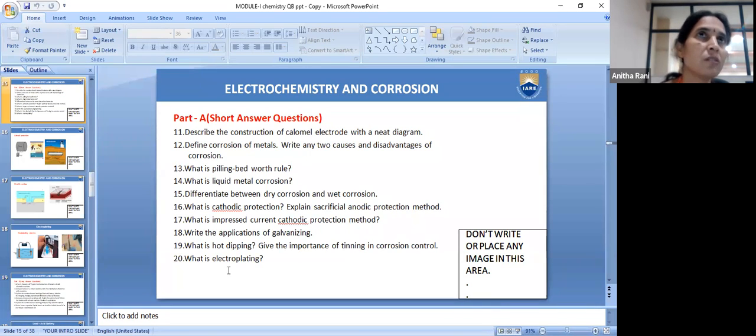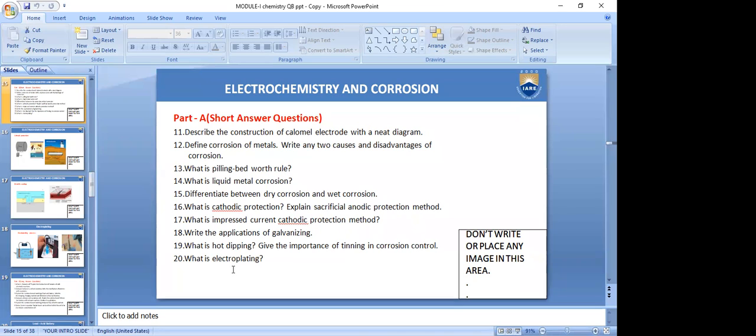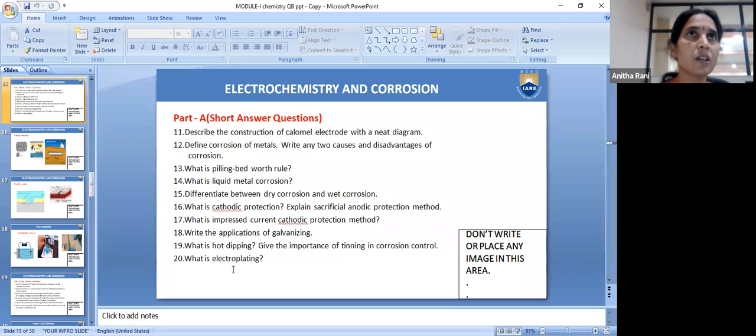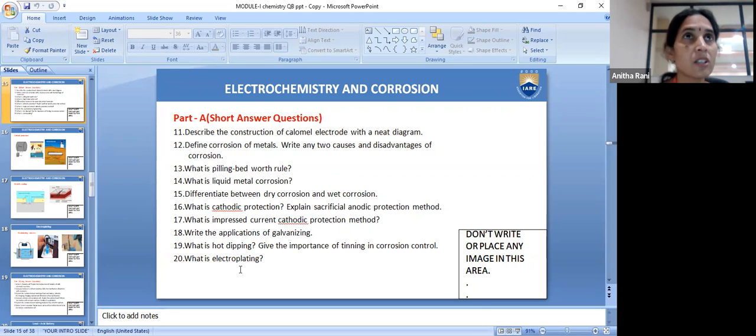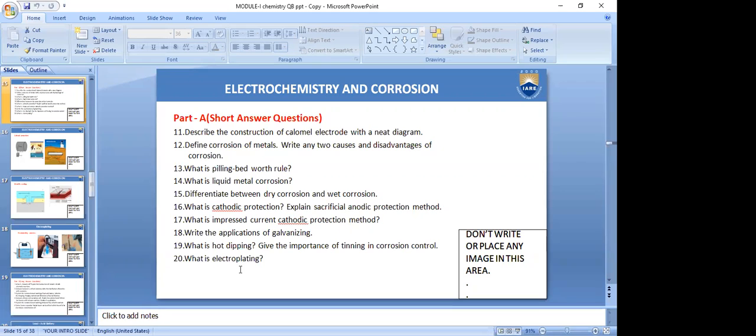Students, what is electroplating? It is the deposition or coating of a metal on the surface of the base metal by the process of electrolysis.